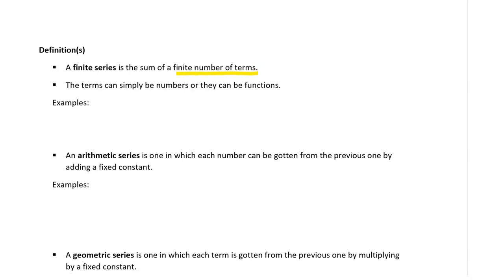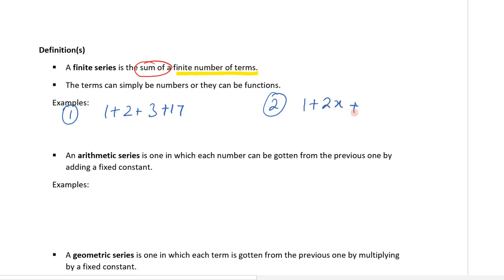The main important part is that it involves the sum of some terms, and if the terms are finite, we say finite series. So the example can be, you can simply have the sum of some numbers, or you can have the sum of some functions. So this is our finite series, each of them has 4 terms only.